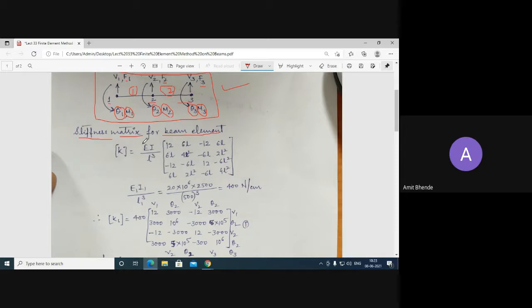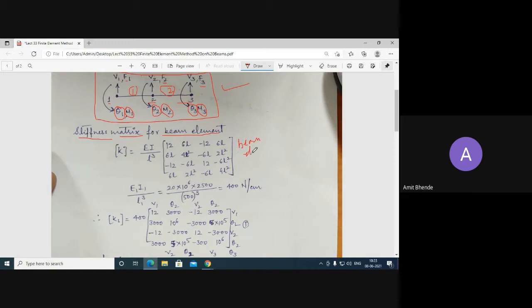Okay? So EI upon L cube, और ये जो है, this is the element stiffness matrix. This is the element stiffness matrix for the beam element. Okay, so this is a beam element.